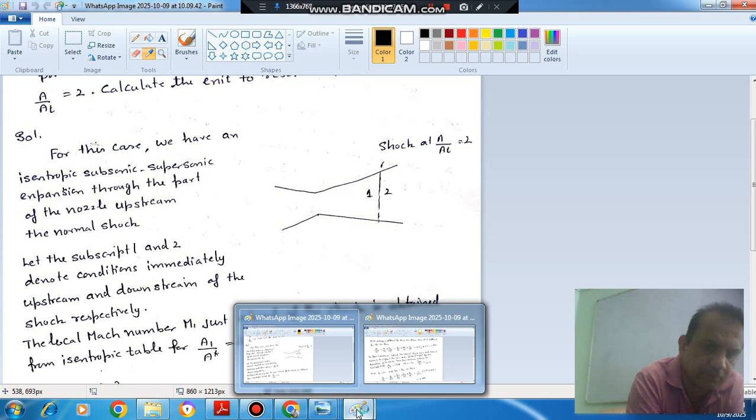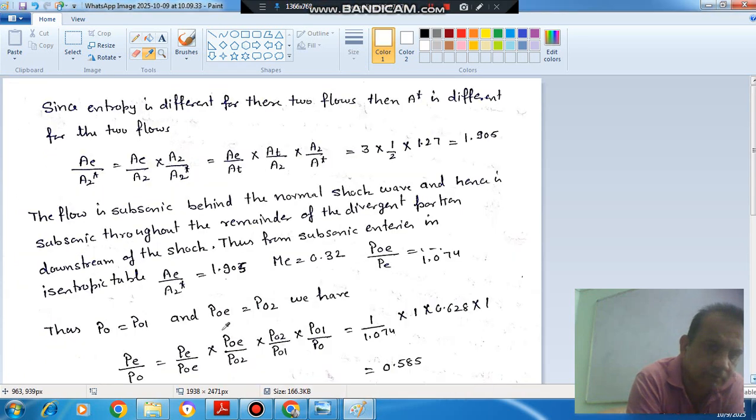So PE by P0 is PE by P0E, that is 1 by 1.074, times P0E by P02, that is the same, times P02 by P01, that we have found from the shock table. And P01 and P0 are the same, that is 1. So the exit pressure to stagnation or reservoir pressure is 0.585.